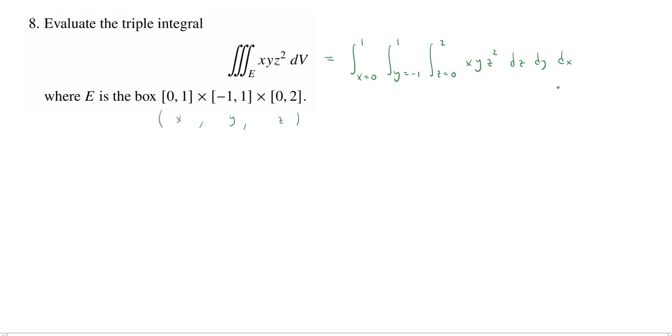However, what we should, at least in hindsight, see, but even at the beginning as we set this up, is the following. The y is going to go between -1 and 1. So if you think about this as being y times xz squared, then for every value of x and z that you put down, you're going to have a y value which is above 0 and one which is below 0, same distance.